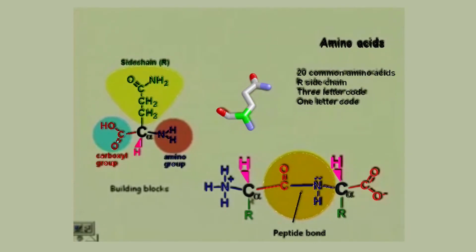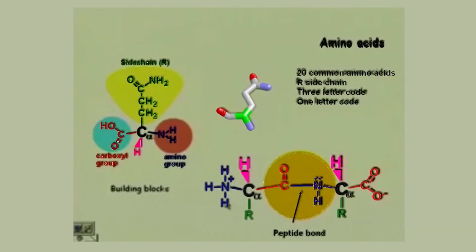If we look now at the linking of these amino acids, because we know that when we form proteins, these are the building blocks of proteins. Now, these building blocks have to be linked together. How are they linked together? They are linked together by what is called a peptide bond.